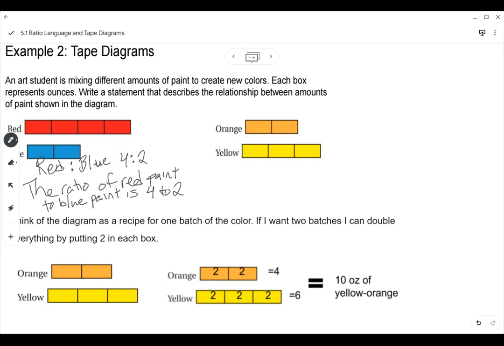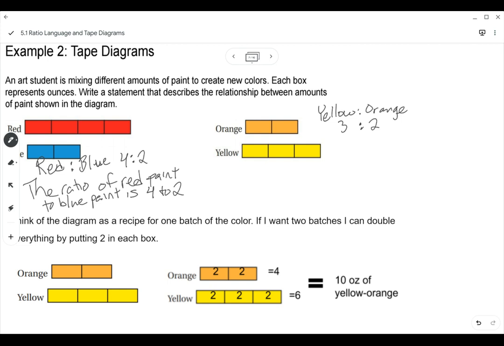Over here with the orange and the yellow, we don't always have to do the first picture first. We can reverse that order. So we could say the ratio of yellow to orange is 3 to 2.